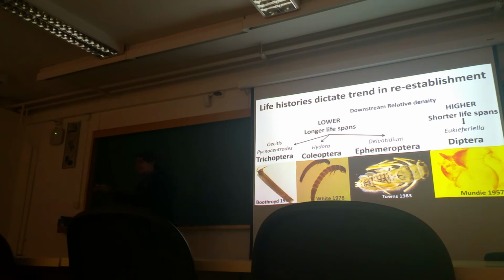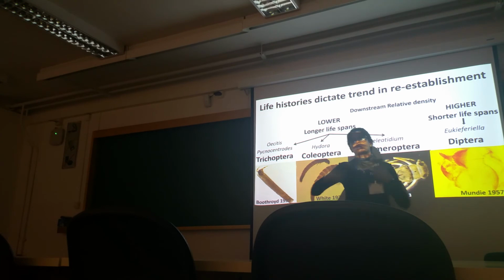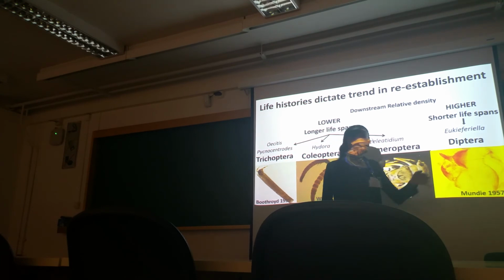So when I wanted to see if there was local extinction or reduction in species, no, there was no such change in species. But what I did find was that downstream of the abstraction, there was relatively more abundance of those species which regenerate quickly, which makes sense.